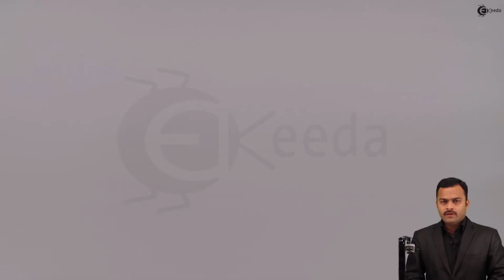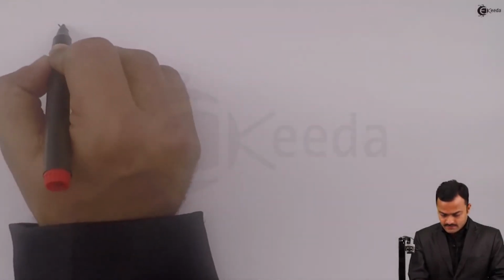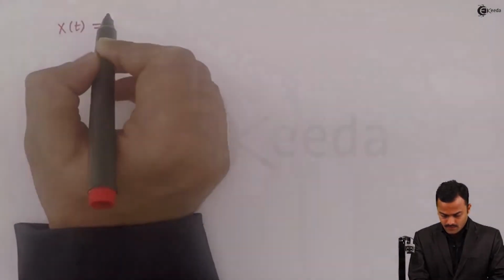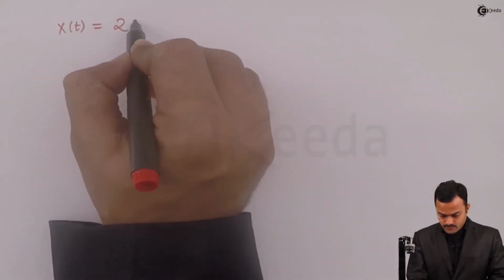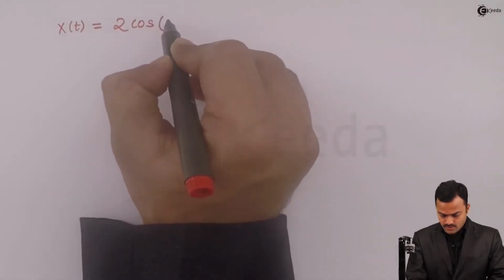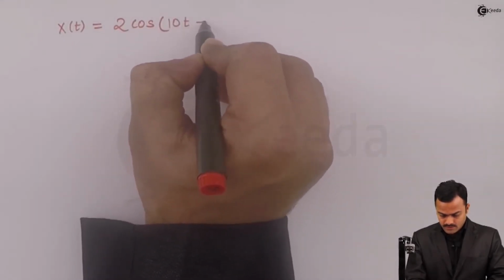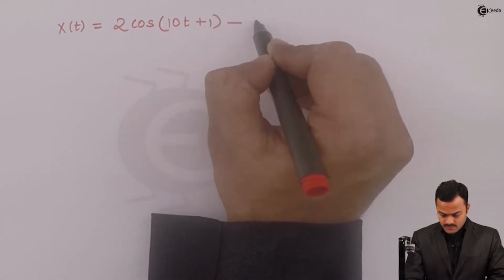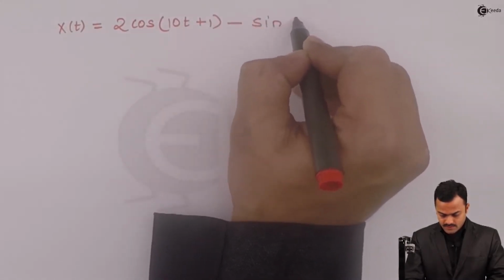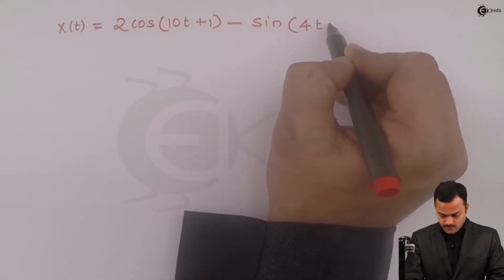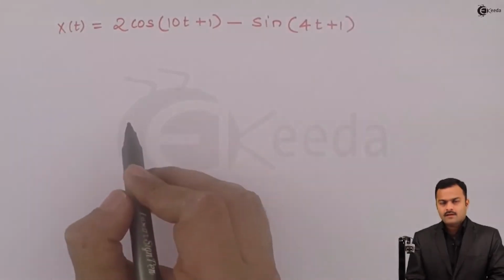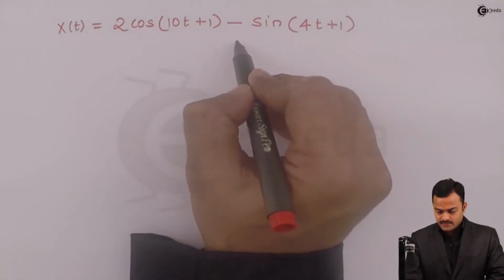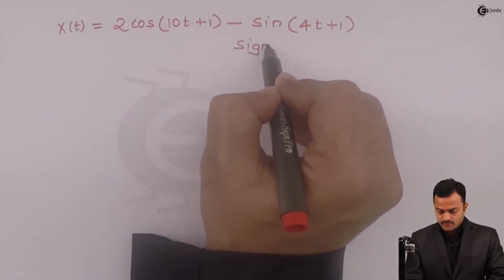In this video, we are going to take a continuous time signal and check whether it is periodic or not. The signal given is x(t) = 2 cos(10t + 1) - sin(4t + 1), and we need to check whether the signal is periodic or not.